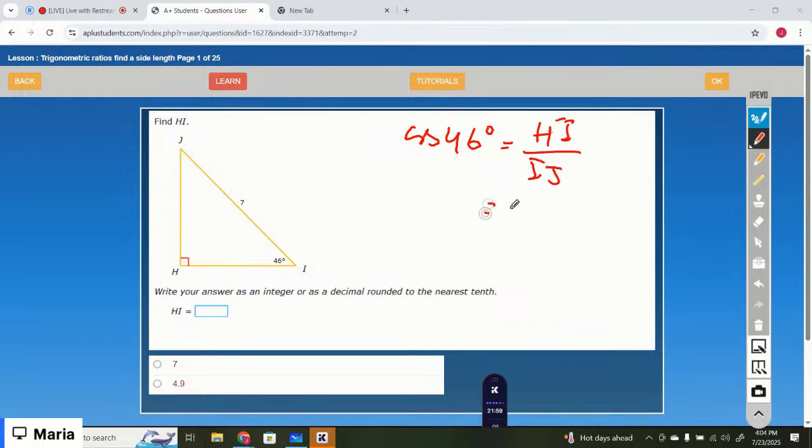So we are given IJ is 7. So HI equals 7 cos 46.